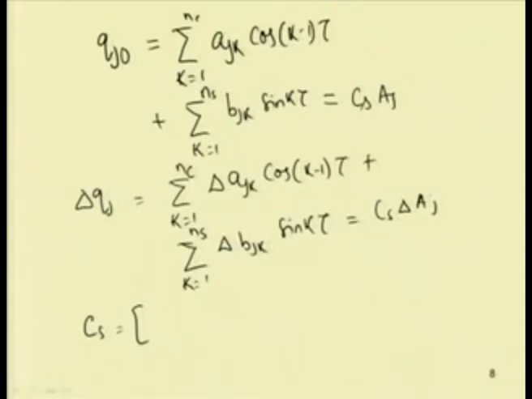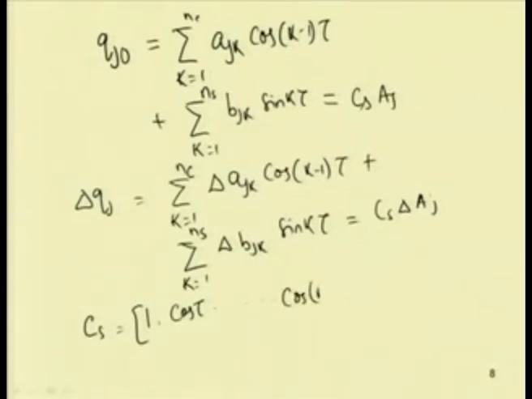Similarly, for the second term, k equal to 2, we find cos of 2 minus 1 tau, that is cos tau, so the coefficient of a j 2 will be cos tau. So, C s will be 1, then cos tau, and similarly one can find the other terms.